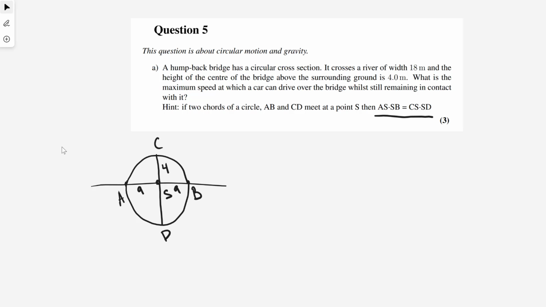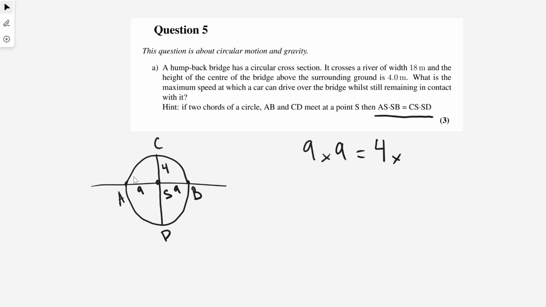We know that AS times SB, given that we have 2 chords, so this is one chord, CD, that coincides with the diameter, and we have AB over here, which is another chord. AS is 9, so AS times SB will be 9 times 9, which is 9 squared, and that will be equal to CS, which is 4, times SD.